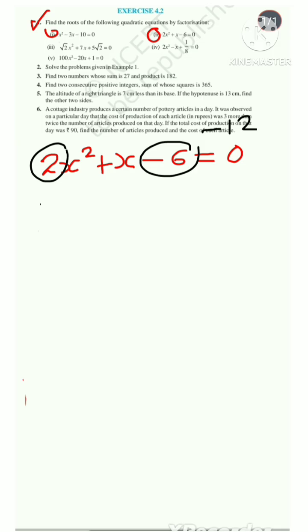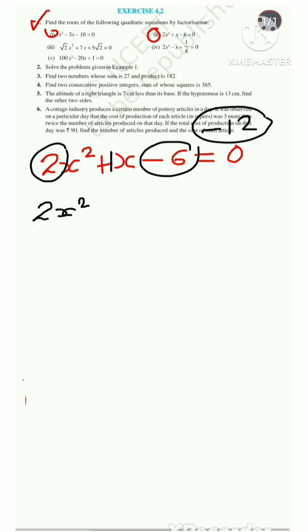And in its middle term, firstly we have to assume here 1. Now we have to break this 1x into two numbers, so that the difference of these two numbers will be 1 and the product of these two numbers will be minus 12, right?